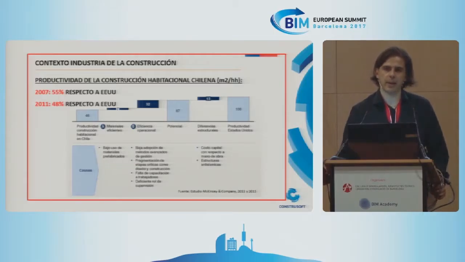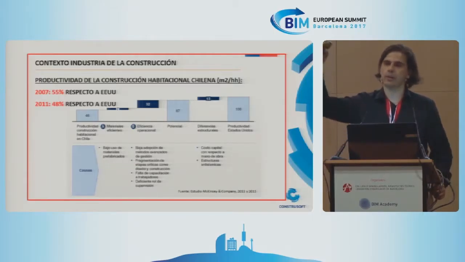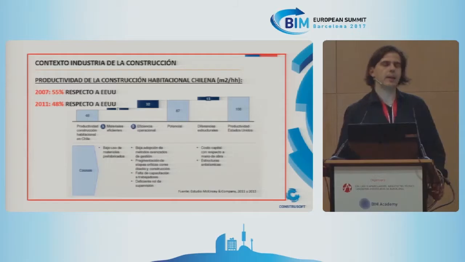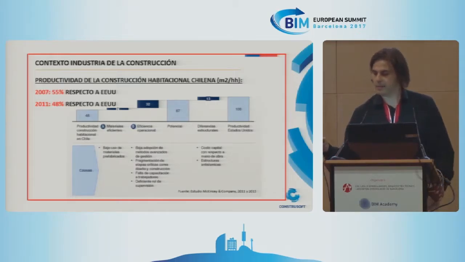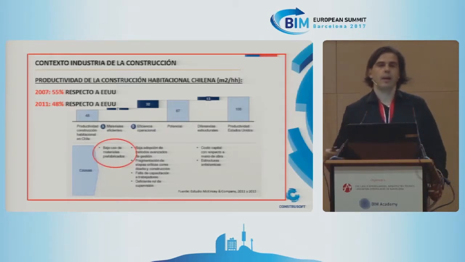Then they compared to the United States. In 2007, we assumed that if the United States had 100 units, Chile had 55. We checked again in 2011, and we went from 55 to 48. And they wondered, why is this happening?